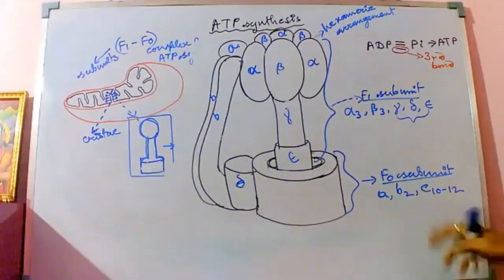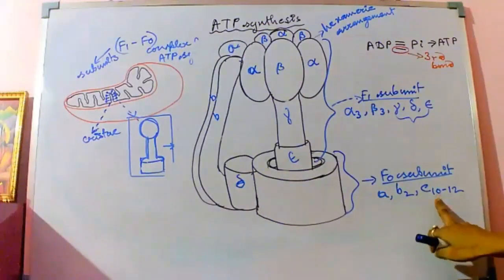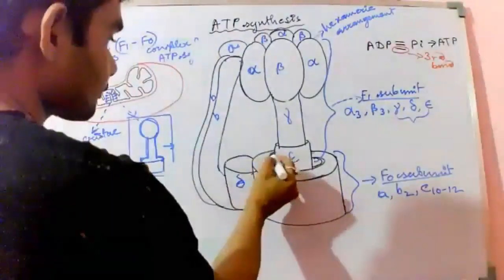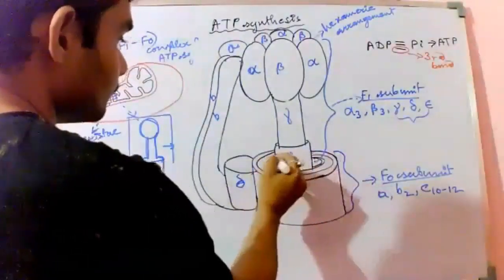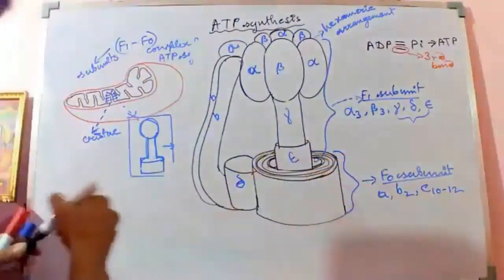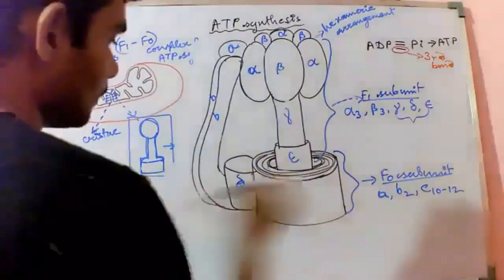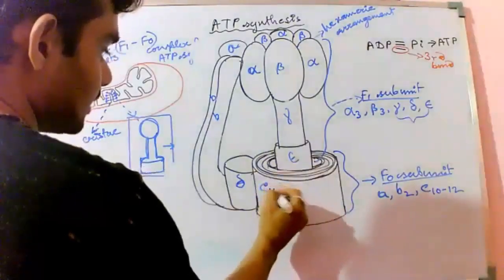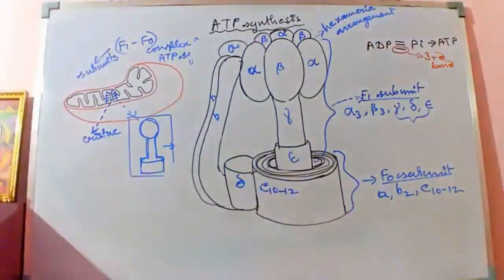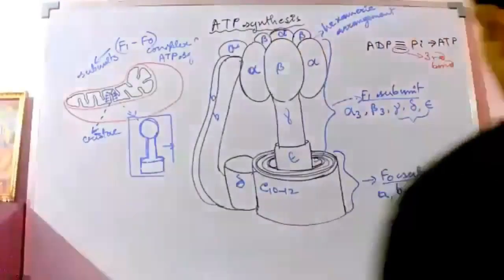I will discuss that right now. And the C10 to 12 subunits are present here, at the base of the F1 subunit.